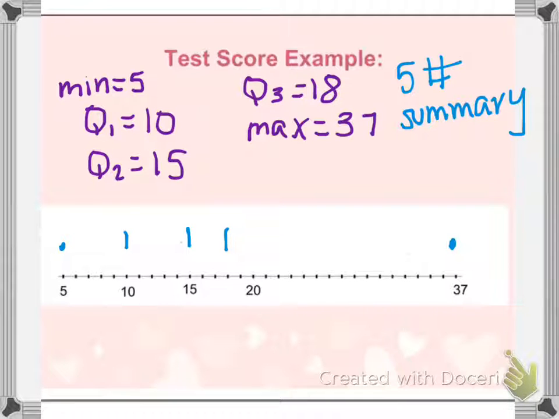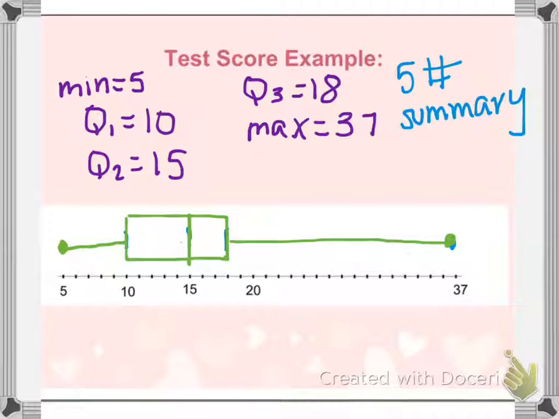Once you have plotted your 5-number summary, you put a box around your entire quartiles. So your IQR basically gets a box around it. Your median is a line through that box. Your minimum is your little whisker out to the left, and your maximum is your whisker out to the right.